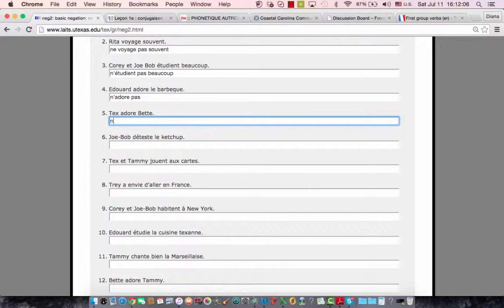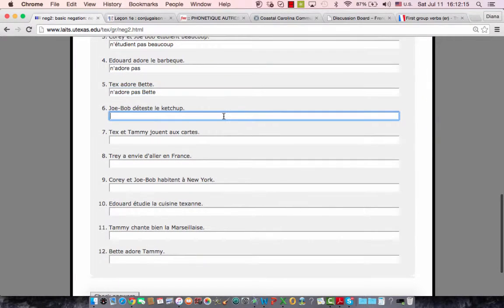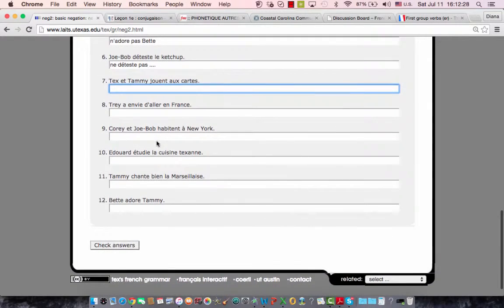Tex n'adore pas Betty. Joe Bob déteste le ketchup. Joe Bob ne déteste pas le ketchup. Tex et Tammy jouent aux cartes.